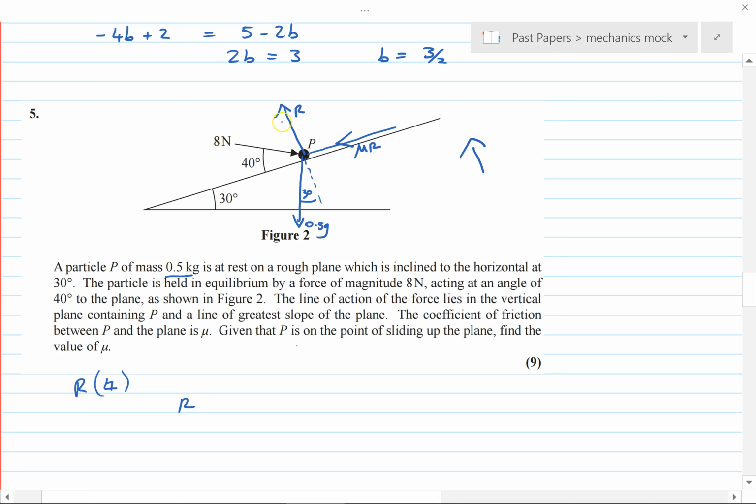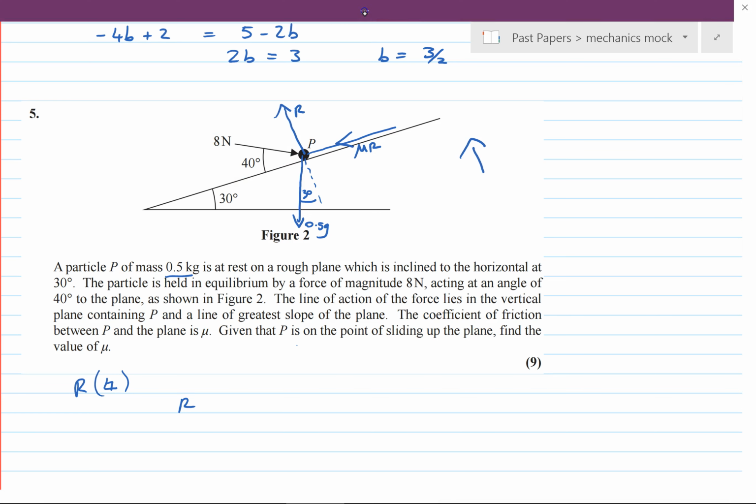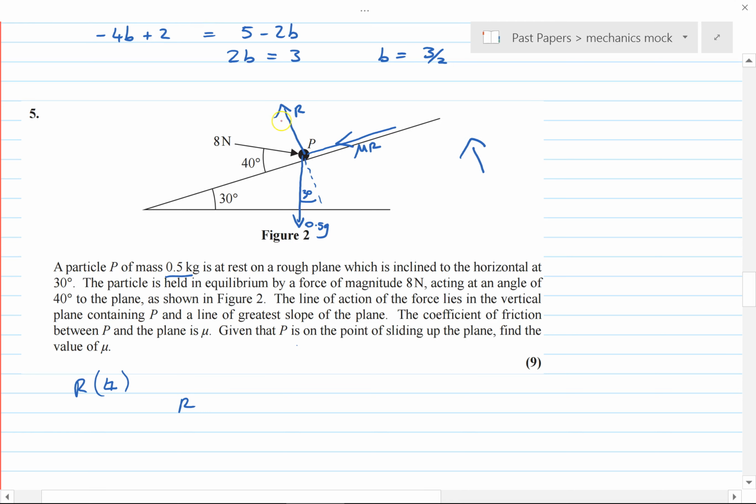Let's look at the component of the 8 Newton force first. We're looking at components perpendicular to the plane. Let's put in a different colour for a moment. We're going to have a force here coming into the plane like that. And we're also going to have a force coming into here like that. But let's worry about this one.